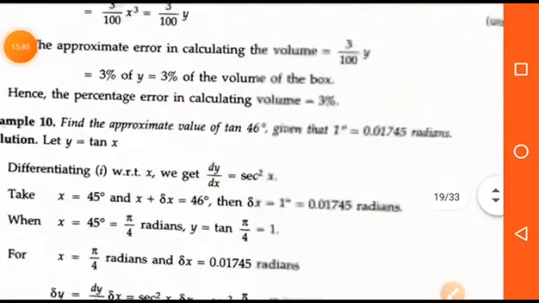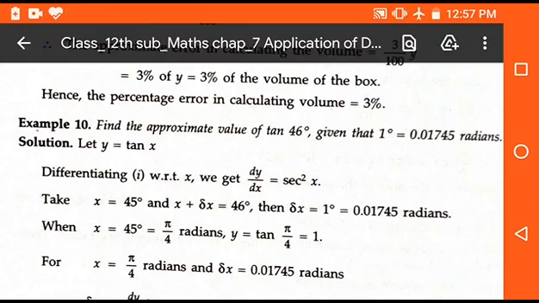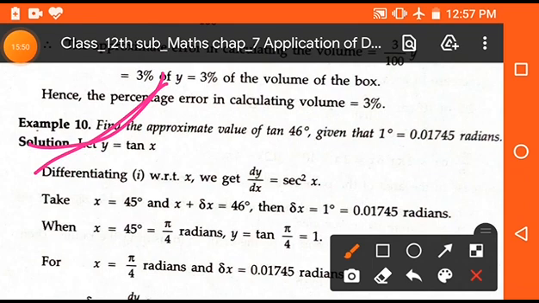See, as the example is given, find the approximate value of tan 46 degrees, given 1 degree is equal to 0.01745 radians. So here, first of all, y is equal to tan x is a function. Differentiate this with respect to x. dy over dx equals sec square x. Put x equals 45 degrees and x plus delta x equals 46 degrees.